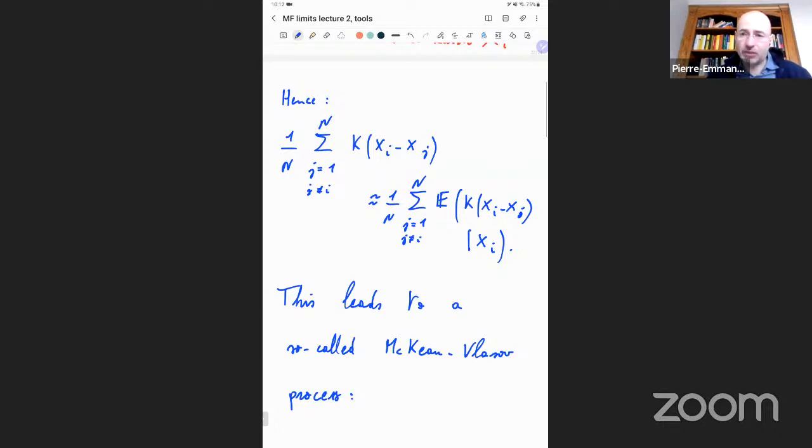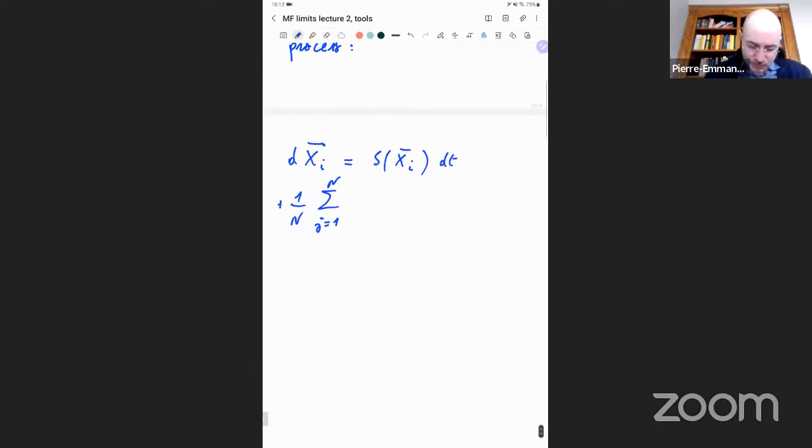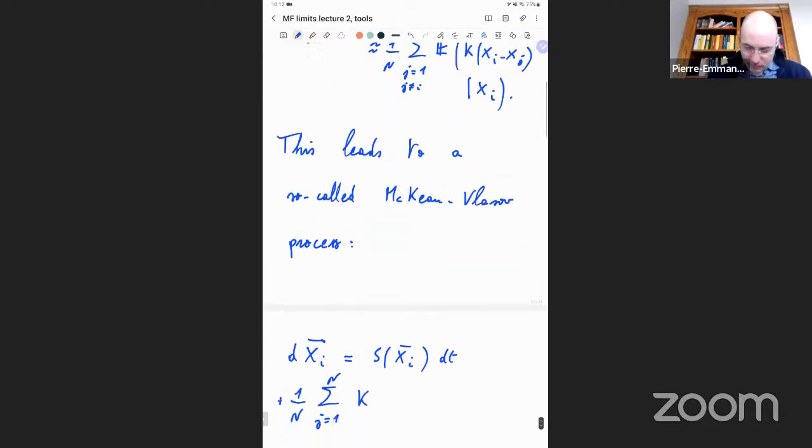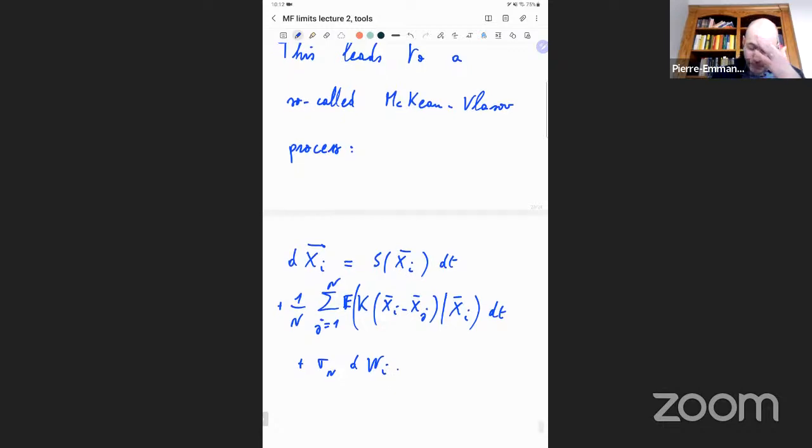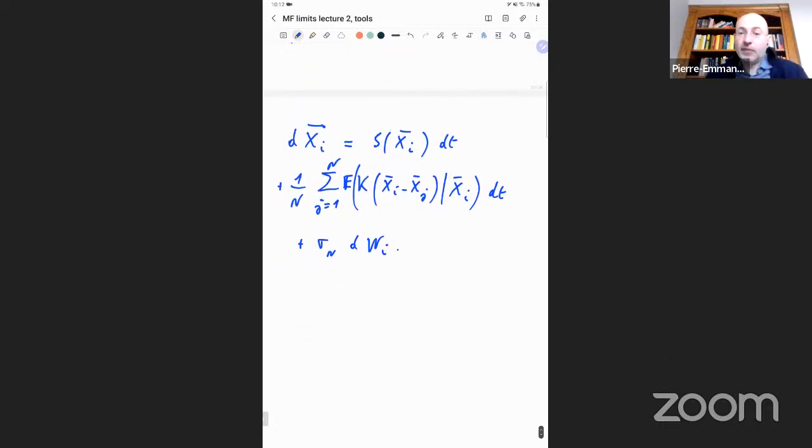That's k0 divided by n, so I'm just going to throw it out. And that's our candidate for a mean field process.